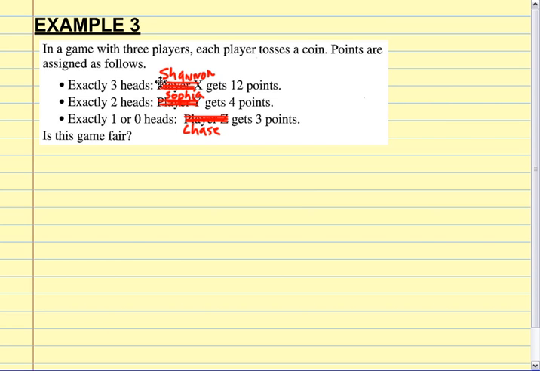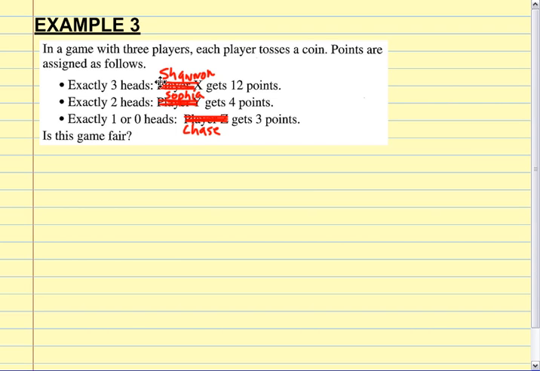They all flip the coins and they land on the ground. If all 3 of them are heads, Shannon gets 12 points. If 2 are heads and 1 is tails, Sophia gets 4 points. If 1 of them is heads or none of them are heads, Chase gets 3 points.